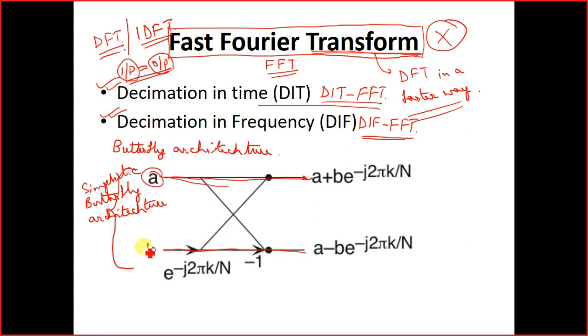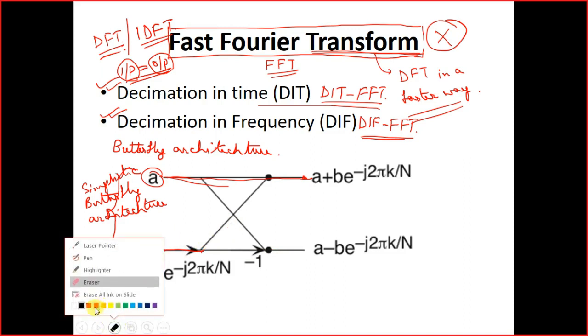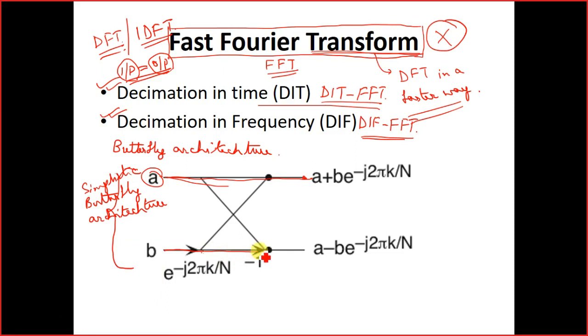Apart from that, from B you get a signal flow to A, and from A you get a signal flow to B. Just after B you have a multiplier e to the power minus j 2 pi k n over N. It is nothing but your twiddle factor Wn.